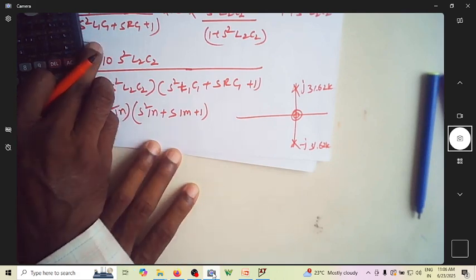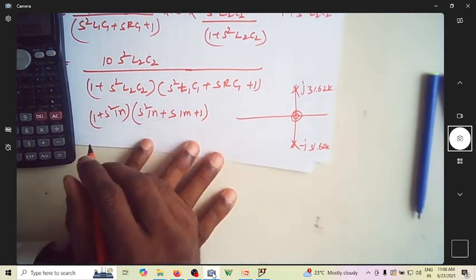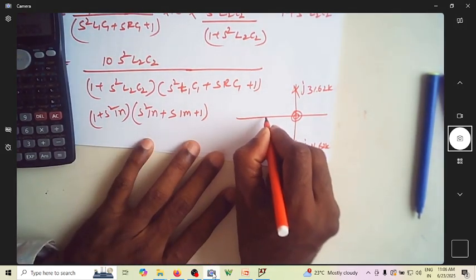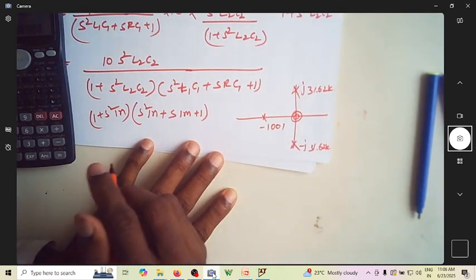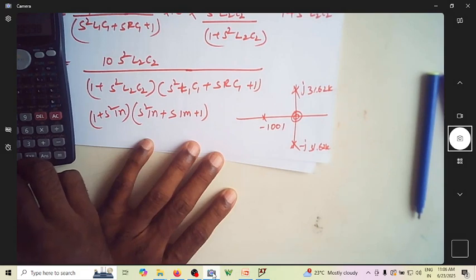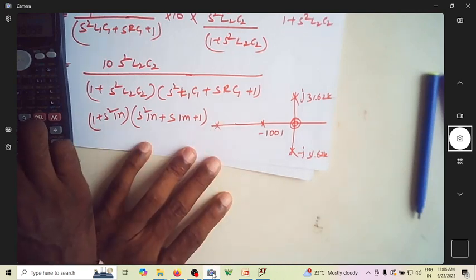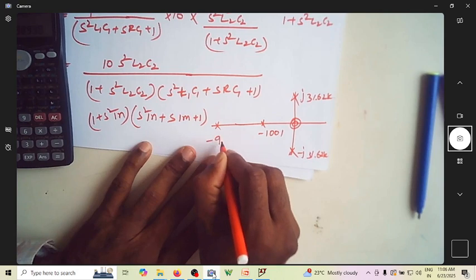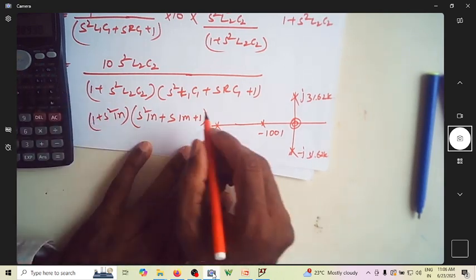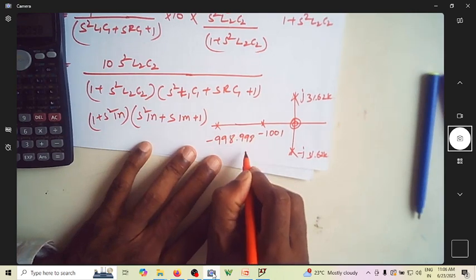The poles are at minus 1001, and the other is at minus 998.998.